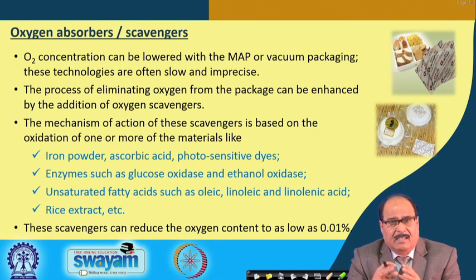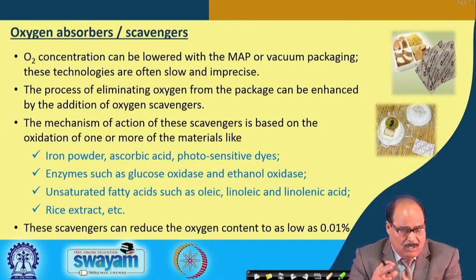Normally the oxidation of the scavenger takes place, for example iron compounds, iron powder, ascorbic acid, photosensitive dyes, etc. When they are used, they get oxidized, and in the process they absorb oxygen, that is, they use the oxygen of the environment for the oxidation of these compounds.